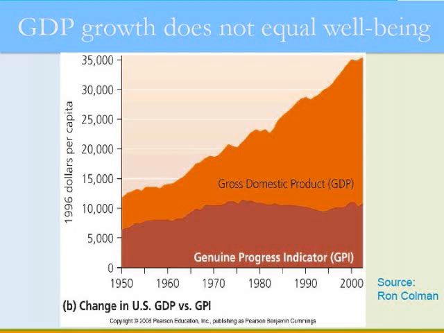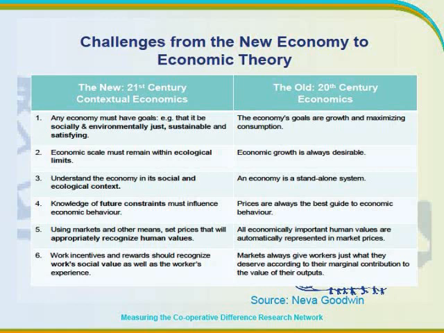And again, there's plenty of evidence that shows the same thing, and that Bill Rees also pointed out in his presentation. This is from Neva Goodwin, making a point that we need a new economy, a new economic theory, and she's setting the stage for comparison of the 21st century economics that we need to the 20th century economics that we're teaching right now, and basically making a case that we need an economy that is socially, environmentally just and sustainable and satisfying, compared to one where economic goals are growth and maximizing consumption, which is what we have now.